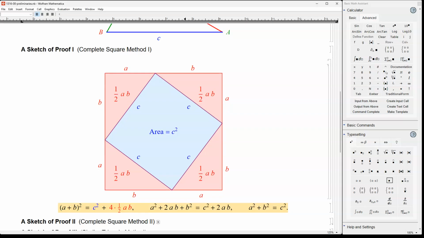Now, on the other hand, we can consider this big square as the area of these 4 copies of the original right triangle. So that area is 1/2 ab, 1/2 times horizontal times vertical, 1/2 base times height, and there are 4 copies of those, so you have 2ab.